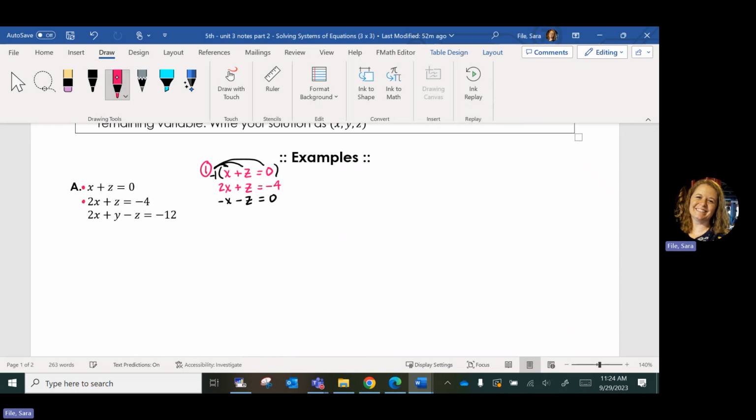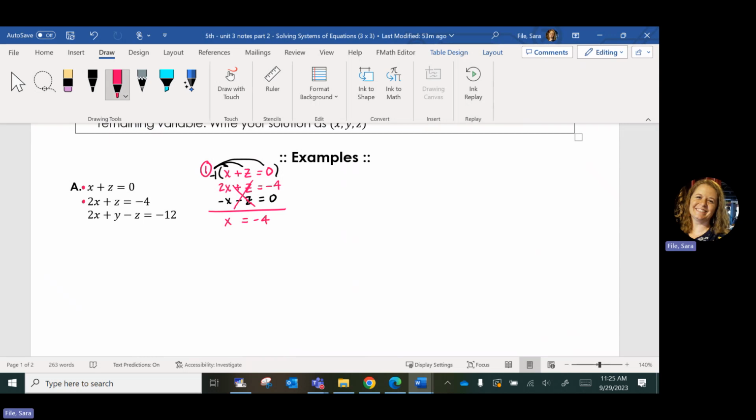But now when I go to add those two equations, these two right here, my Z's eliminate, right? So I'm left with 2X minus X is just X. And -4 plus 0 is -4. So that's actually really nice.